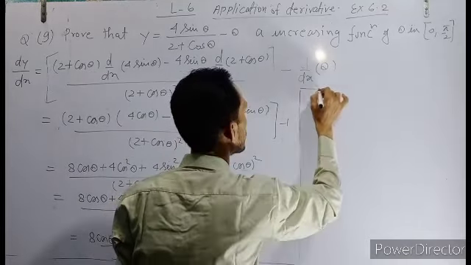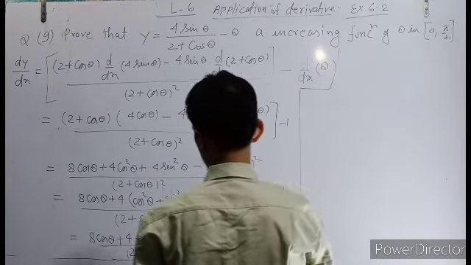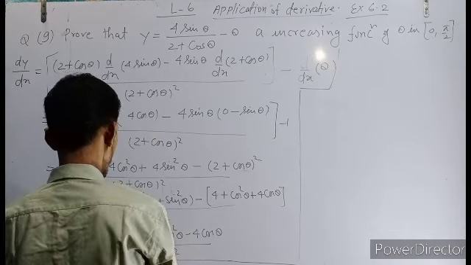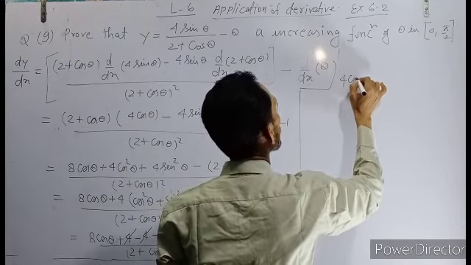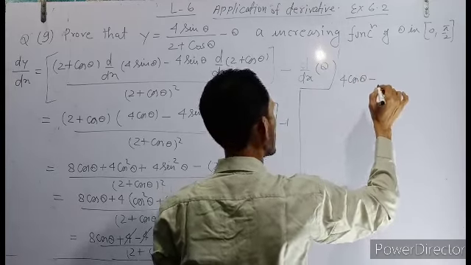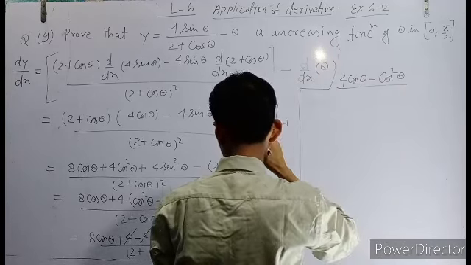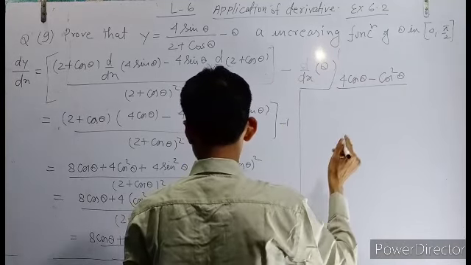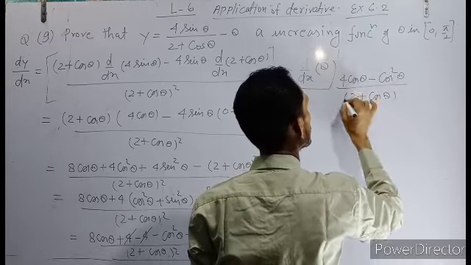Now we can do it in this way. 8 cos theta, this will cancel out. 8 cos theta minus 4 cos theta, 4 cos theta minus cos square theta upon 2 plus cos theta whole square.